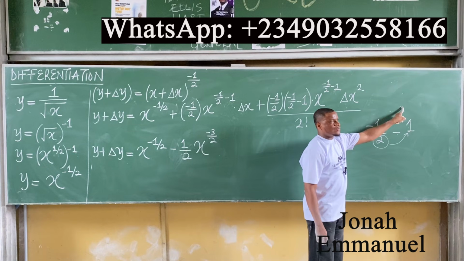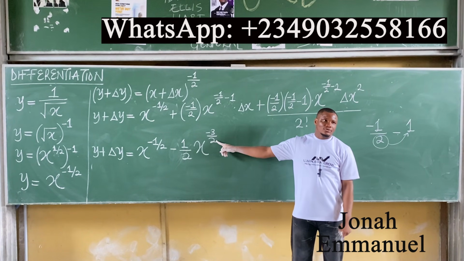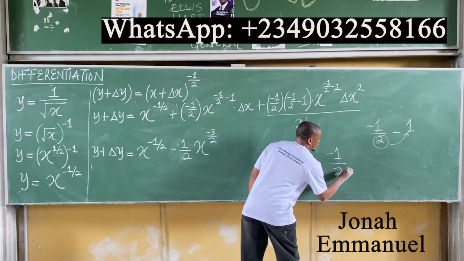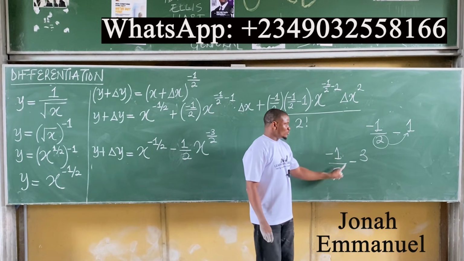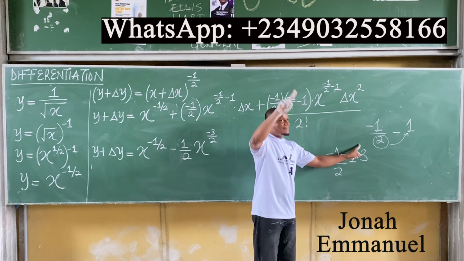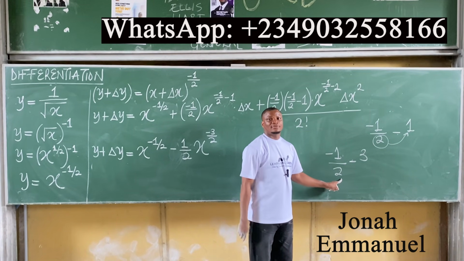Minus 1 minus 2 gives you what there? Minus 3. That's the numerator, all over this. That's all. So if I have minus 1 over 2, let's say minus 3 for instance, what's your answer there? 2 times 3 is what there? 6. Minus 1 minus 6 gives you what there? Minus 7 all over what there? 2. Before you punch, I've given you the answer. That's all.